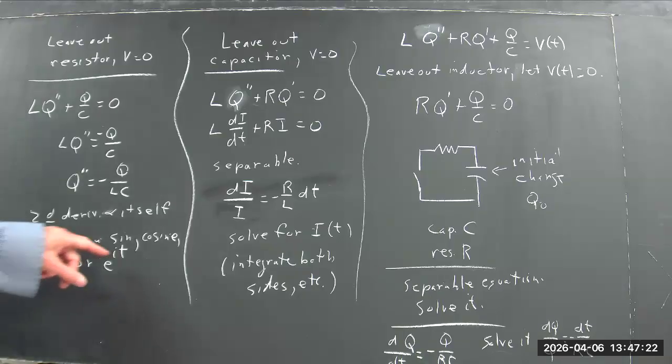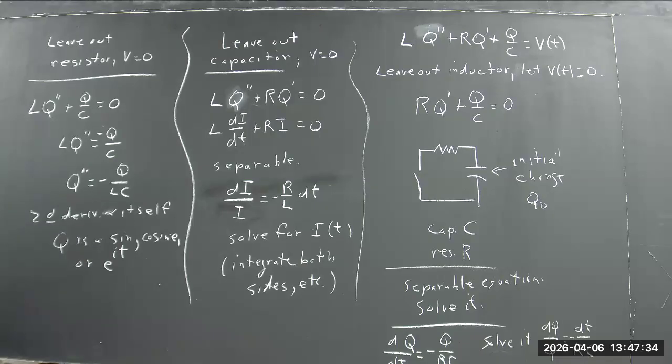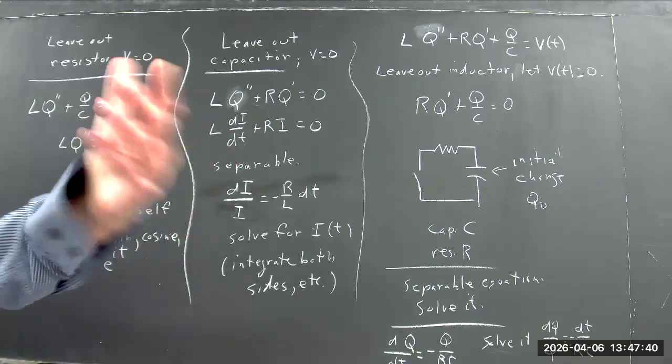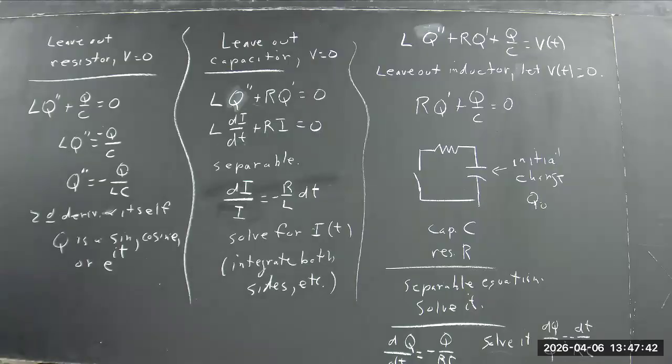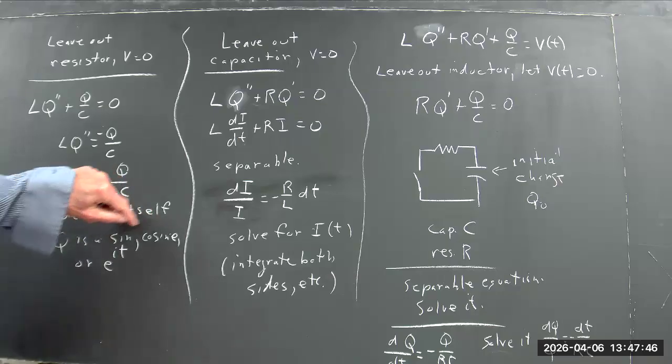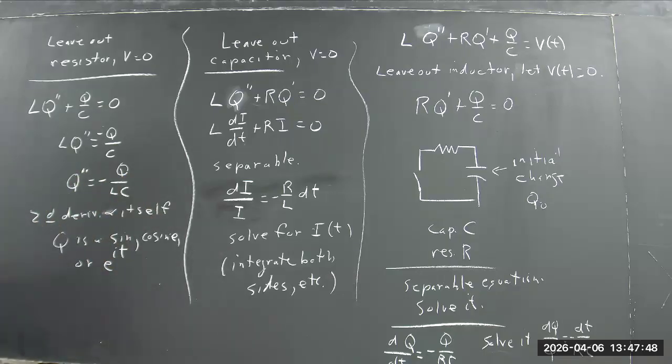Sine, cosine, or e to the it. Now, e to the it is your standard trial function where you're solving a second order or higher order equation. You get a characteristic equation. It's e to the irt, usually. You've got to have a constant in there. But all I'm saying is the type of function is sine or cosine or an e to the it.